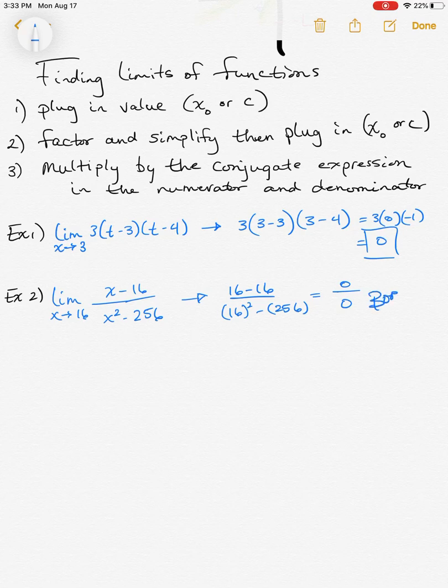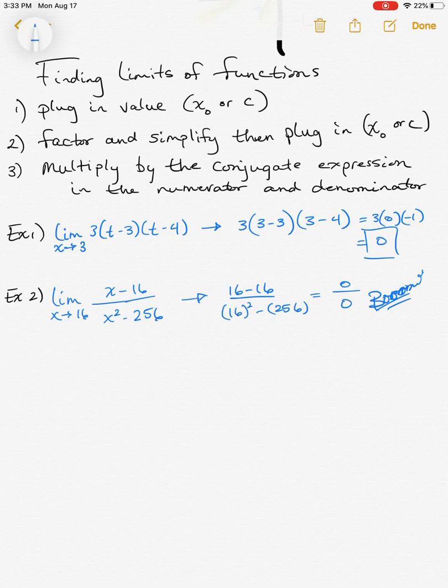We cannot do that right now. We haven't made it to that stage, so we're going to go into the next step. Step 2 says to factor and simplify and then plug in. So we're going to go in here and we're going to factor.